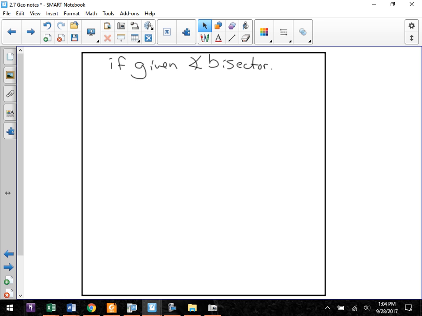If you're given an angle bisector, then what is created? Okay. So if given an angle bisector, then we know somewhere some angle is congruent to some other angle.